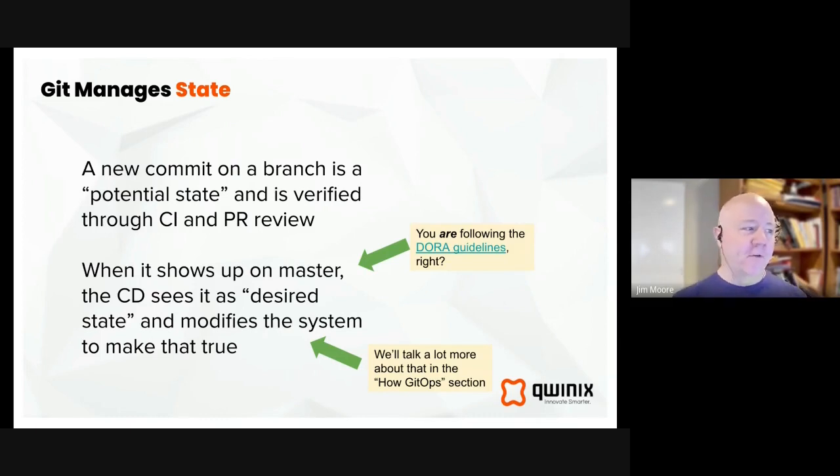Hopefully you're all following the DORA guidelines. If you're not familiar with them, DORA is Google's research and development initiative around DevOps, where they oversaw thousands of projects from different companies, talking to tens of thousands of developers and the rest to find out exactly what worked best and what doesn't.